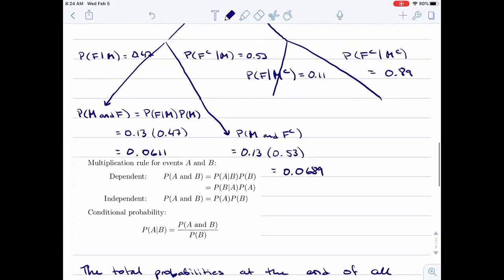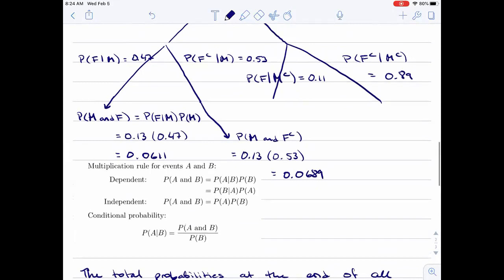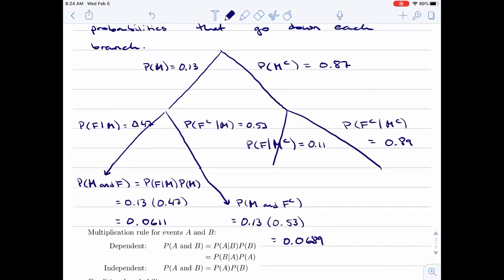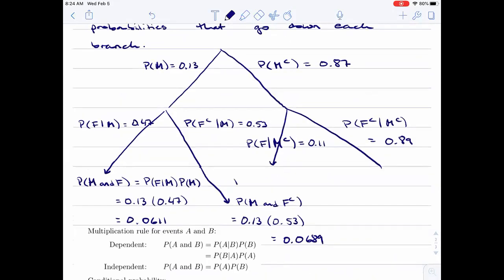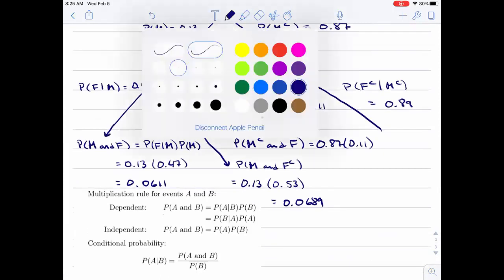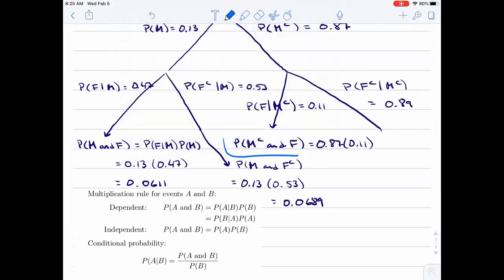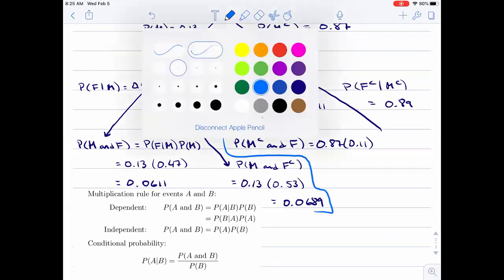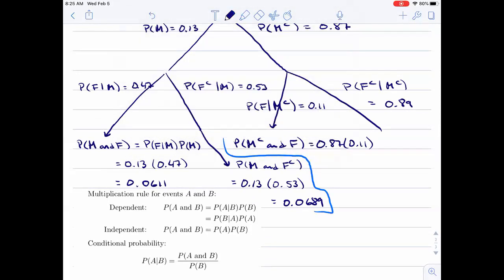So then, if we go up here, the probability of not getting an A on the midterm and getting an A on the final is 0.87 times 0.11. Hopefully you've got more room on your page to make it look nice.